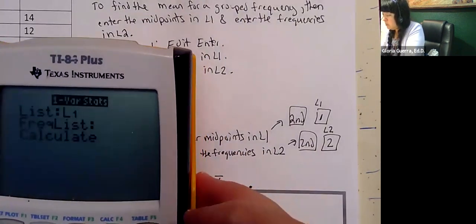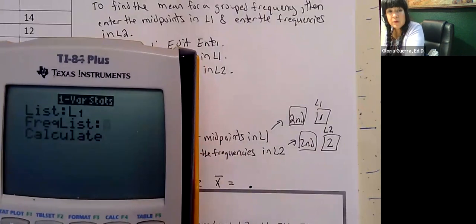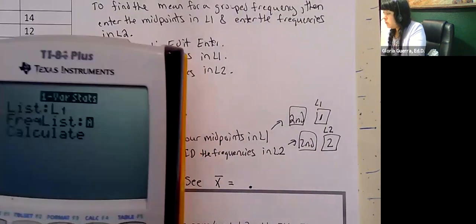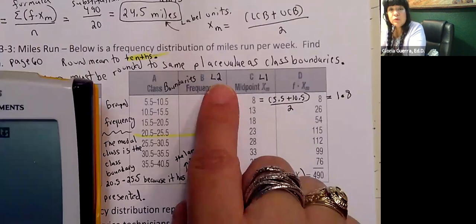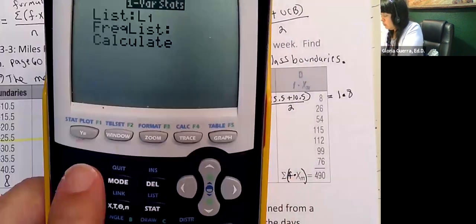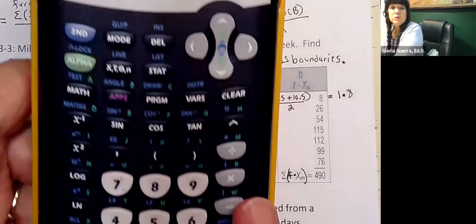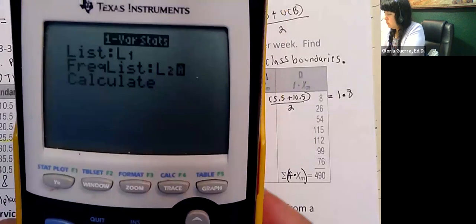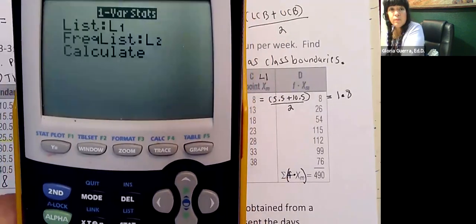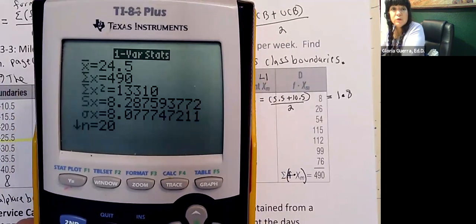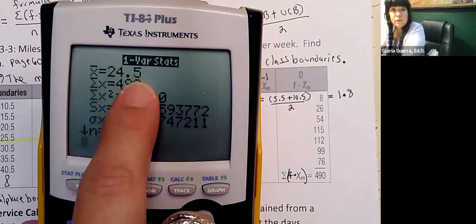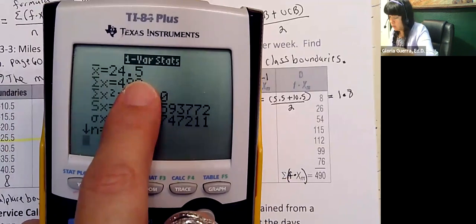And then this is vacant from before, but now you have those frequencies that you enter. Remember your frequencies are in L2, so you're going to hit second and then number 2, because number 2 has L2. Okay, then you tab down to calculate and hit enter. And you want to see X bar, just 24.5. Okay.